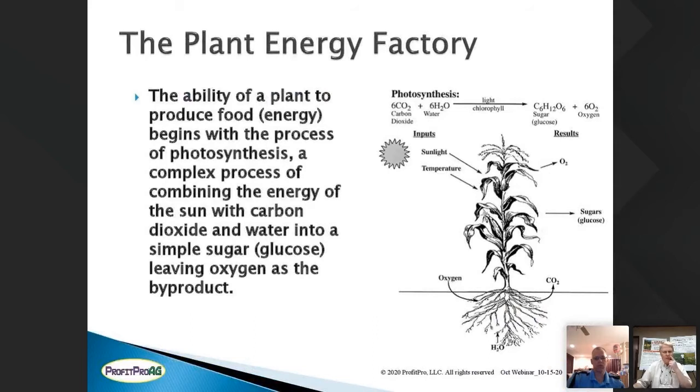So here we have a picture of the plant factory, and that's really what it is. A factory takes in raw materials and assembles them into a product. In this case, we're taking in CO2 and water, driven by energy, sunlight, and we make a 6-carbon chain called glucose, and we give off oxygen.